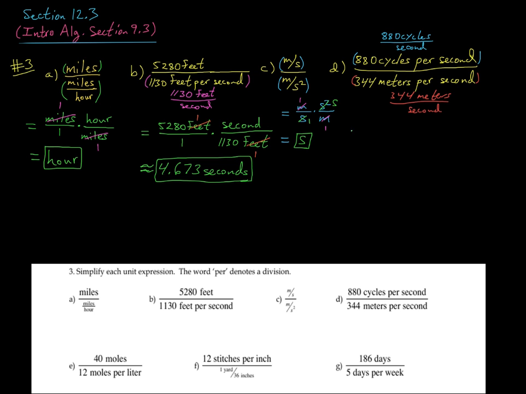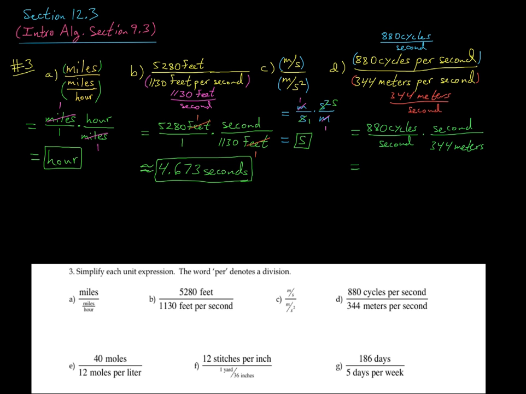To do the division, we take the 880 cycles per second and multiply that by the reciprocal of this, so it'll be second per 344 meters.